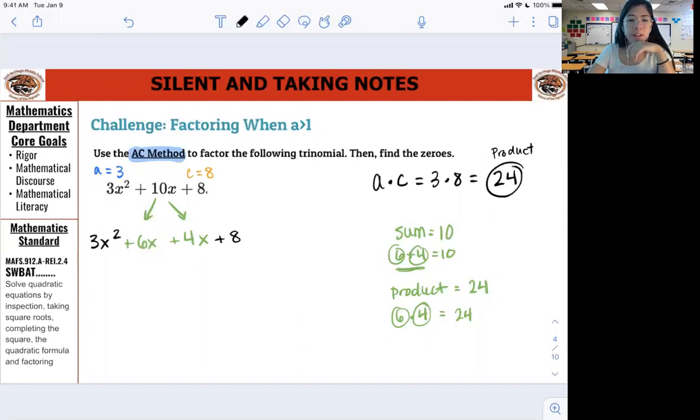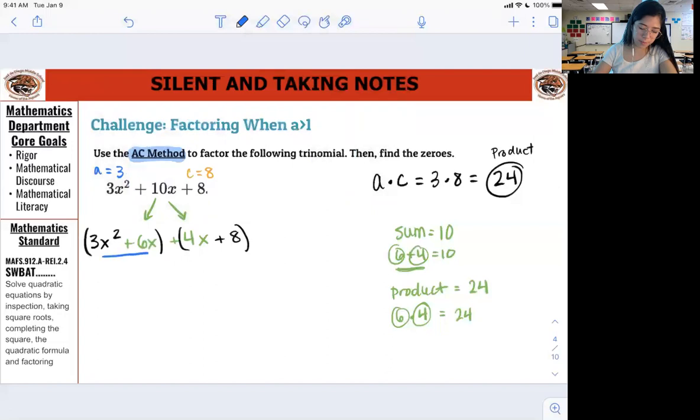The parentheses, good. We're gonna group the first 2 and the second 2. Factor by grouping. Okay, so I separated them. Now what do I do with the first binomial? We can divide it by 3, good.